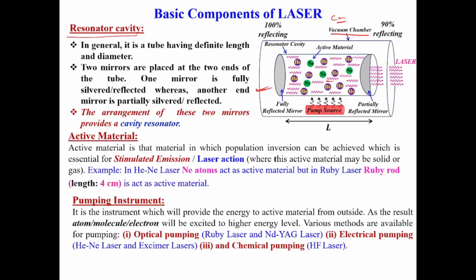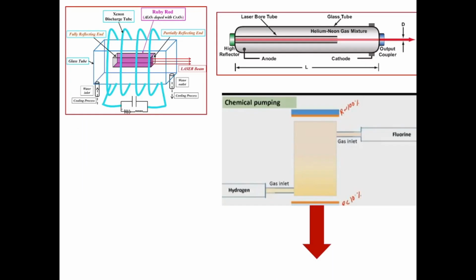Here you can see, if we consider the ruby laser system, this is a rod having a definite length. One end of the rod is fully reflecting, and the other end is partially reflecting. This rod is called the ruby rod, that means it is basically an aluminum oxide rod doped with chromium.